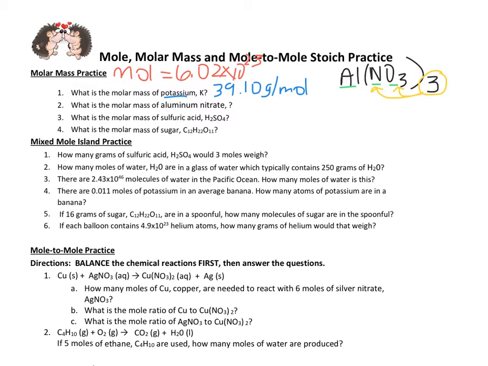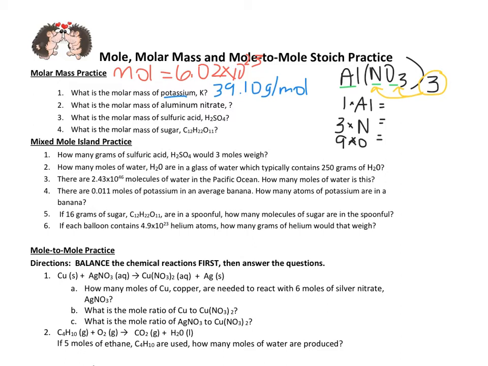So we're adding up 1 aluminum atom, 3 times 1 is 3 nitrogens, and 3 times 3 is 9 oxygens. So this is going to be a pretty big number.